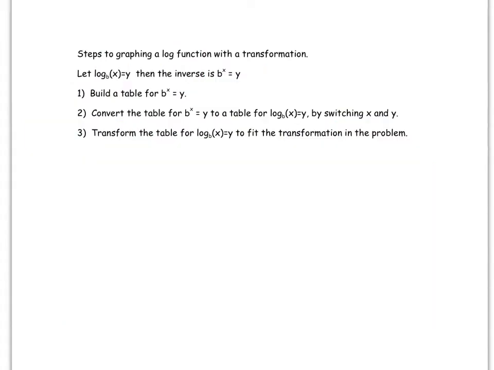So here are your steps to graphing a log function with a transformation, because that's what we're going to work on now. If I just have a basic equation of log base b of x equaling y, and the inverse to that then is b to the x equaling y, what we basically did on the previous page, and will be doing with the next few problems, is build a table for that exponential function.